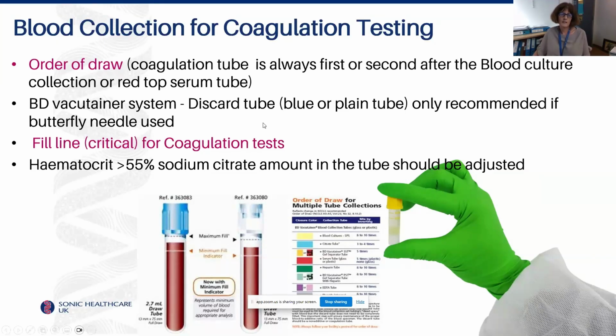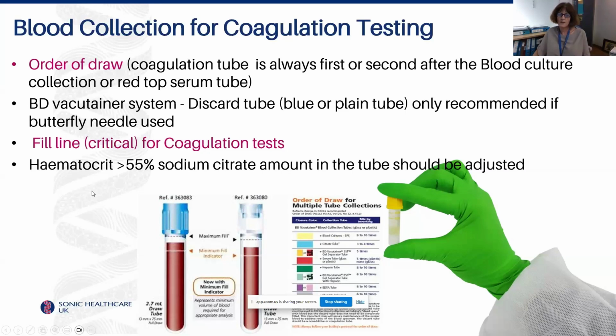When you're using the BD system, the tube has a critical fill line on the side, the minimum fill indicator line, and a maximum fill line just under the lid. We must fill the blood up to the maximum fill line ideally, but it must be over the minimum fill line, otherwise we get the incorrect ratio of blood to anticoagulant.